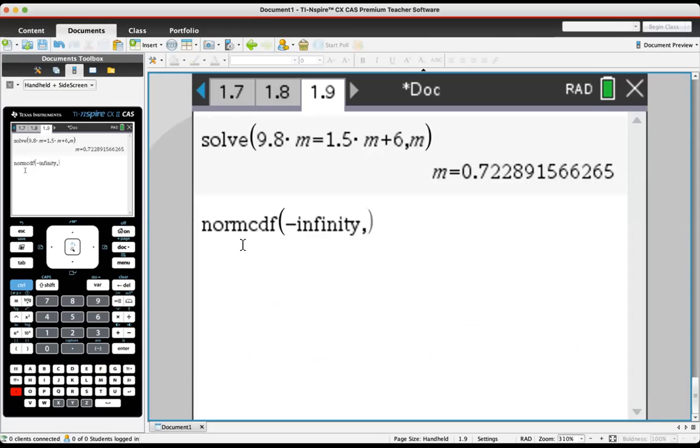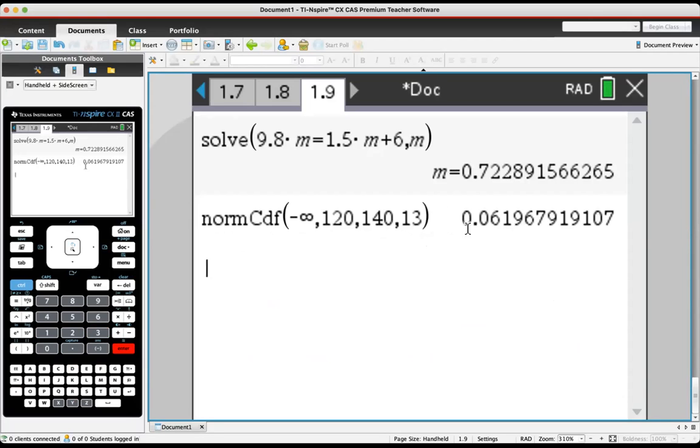We're still using minus infinity as our lower bound because the domain of the normal variable goes along the x-axis in both directions, rather than stopping at 0. Minus infinity to 120, the combined mean is 140, and the standard deviation is 13, okay? So we get roughly 0.06196, etc., so roughly 0.06. Therefore, we choose option A, okay?